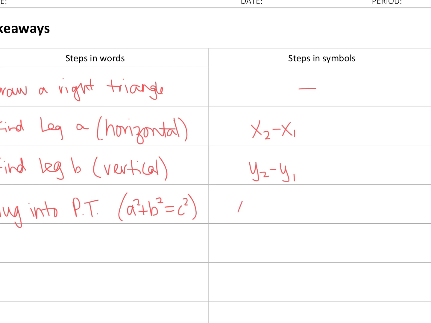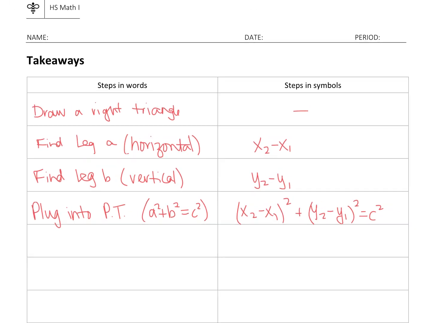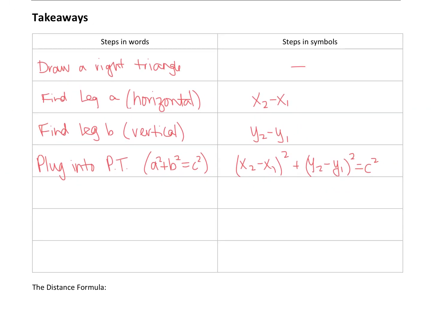So it's going to look like this: x2 minus x1 squared plus y2 minus y1, and that whole thing squared, equals c squared. When we solve this for c, we will end up taking the square root of both sides.